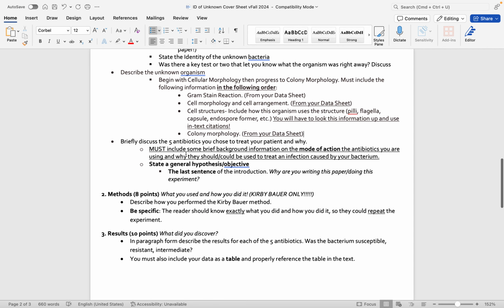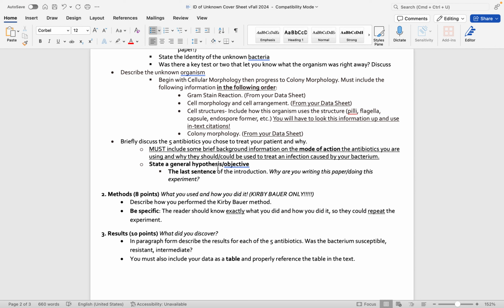And then you're briefly going to discuss the 5 antibiotics that you chose to treat your patient and why. You must include some brief background information on the mode of action for your antibiotics and why they should be or could be used to treat this infection caused by your bacterium. All right, this is where you'll state your general hypothesis and objective.